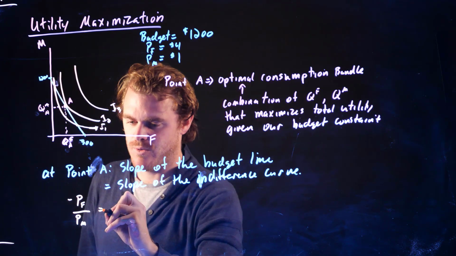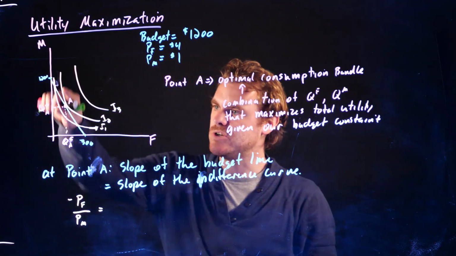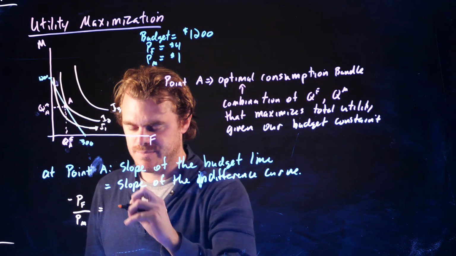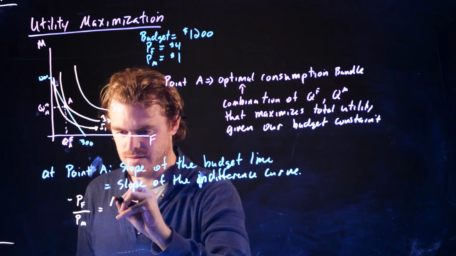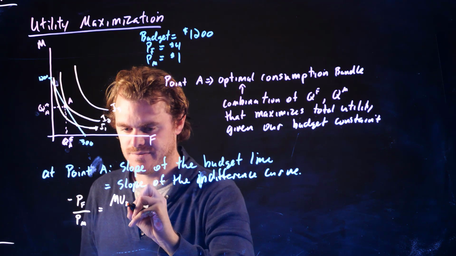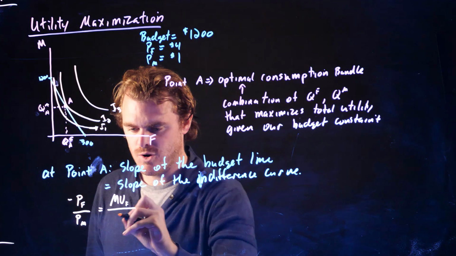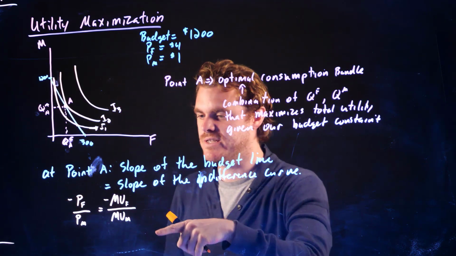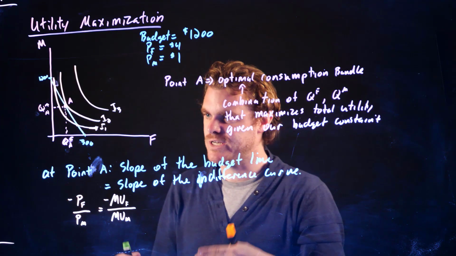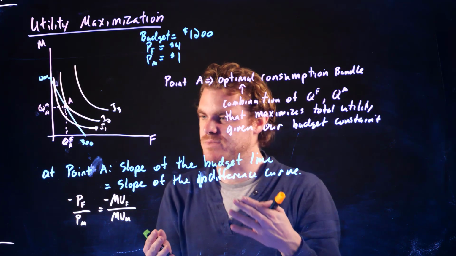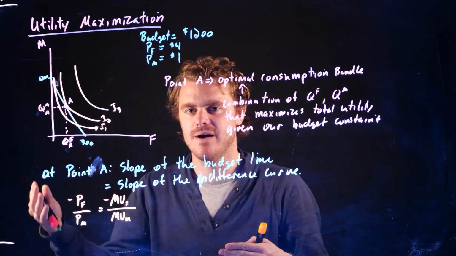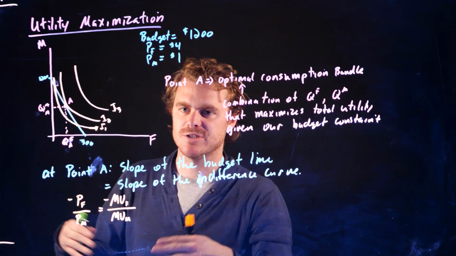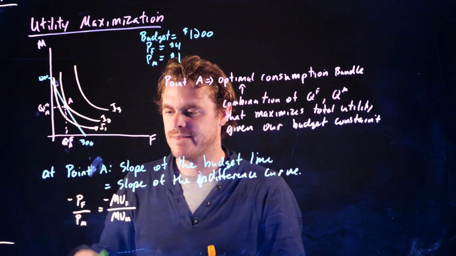And then the marginal rate of substitution, or the slope of these indifference curves, is going to be the marginal utility of F over the marginal utility of M, because it's this trade-off between marginal utilities. The slope captures how much of one good you have to give up to be just as happy as you were before.